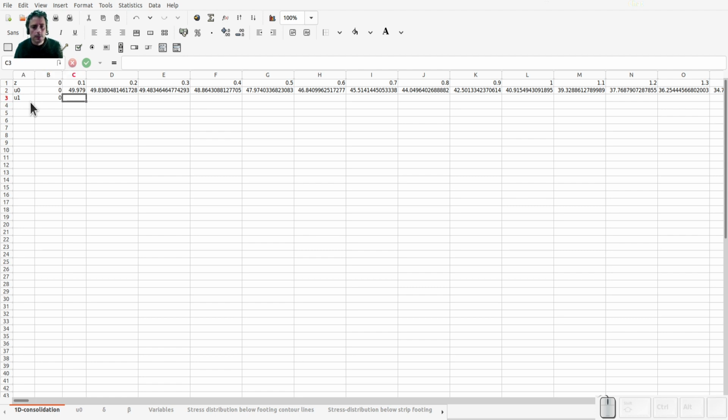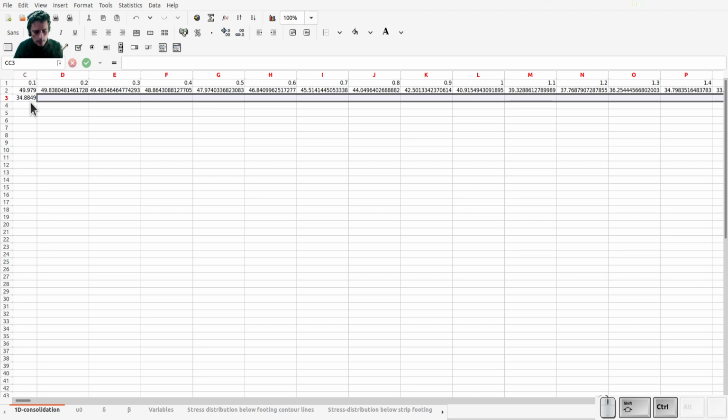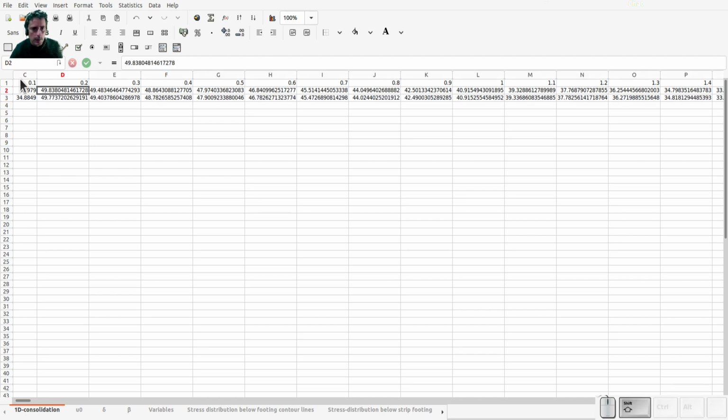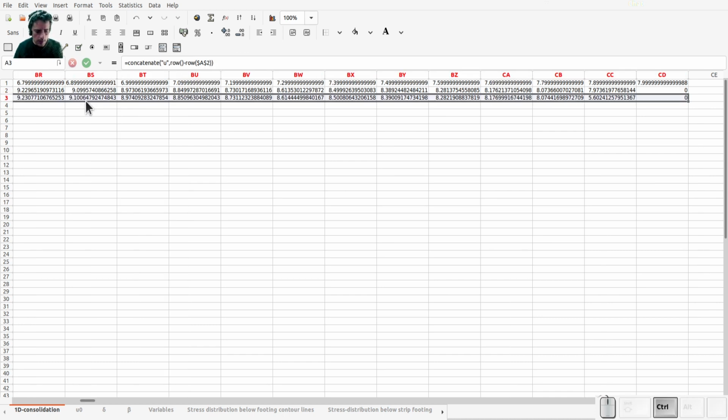And so we have here R times the previous plus 1 minus 2 times R times this node plus R times the following node in the past. So we did the same thing that we had done before, except that now we have it in rows, and we can copy this.